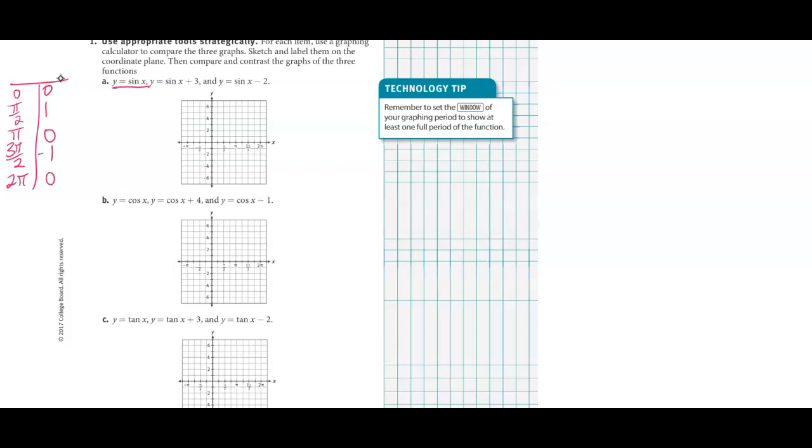And then I'm going to sketch that just as our reference here. Alright, so I can see that midline. What it's oscillating around is that y equals 0.